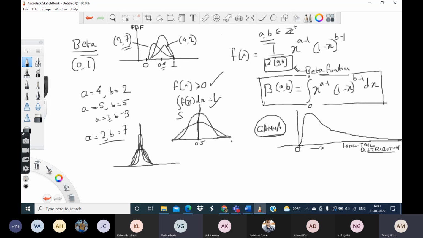First of all, its support will have to be positive. There is no such thing as negative rainfall. But it can be zero. But remember that zero is not part of the support of the gamma distribution. It starts after zero.